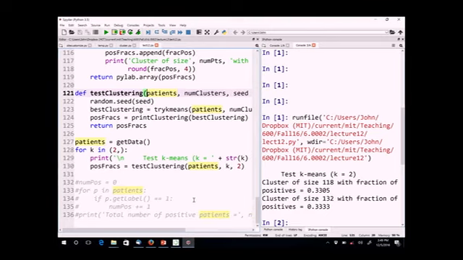All right. So we got 2 clusters, a cluster of size 118 with 0.3305, and a cluster of size 132 with a positive fraction of 0.3. Should we be happy?